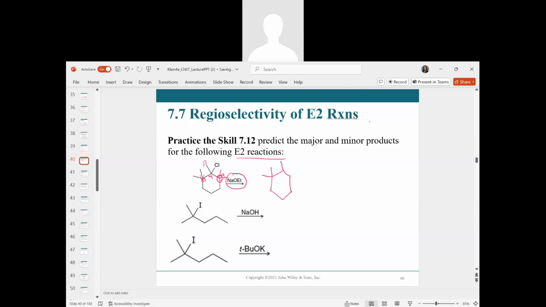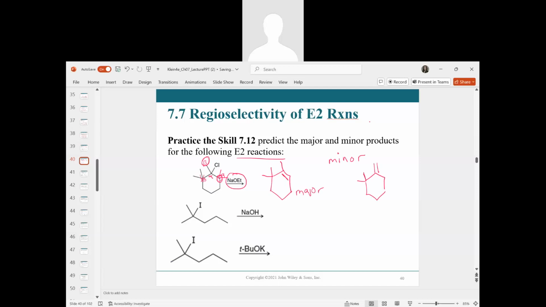The chlorine was removed. That's our leaving group. And then one proton on this side over here. So this would be our major product, the Zaitsev product. And then our minor product would be if one of these beta protons was removed. So we would have our less highly substituted product result, and it would look something like this.